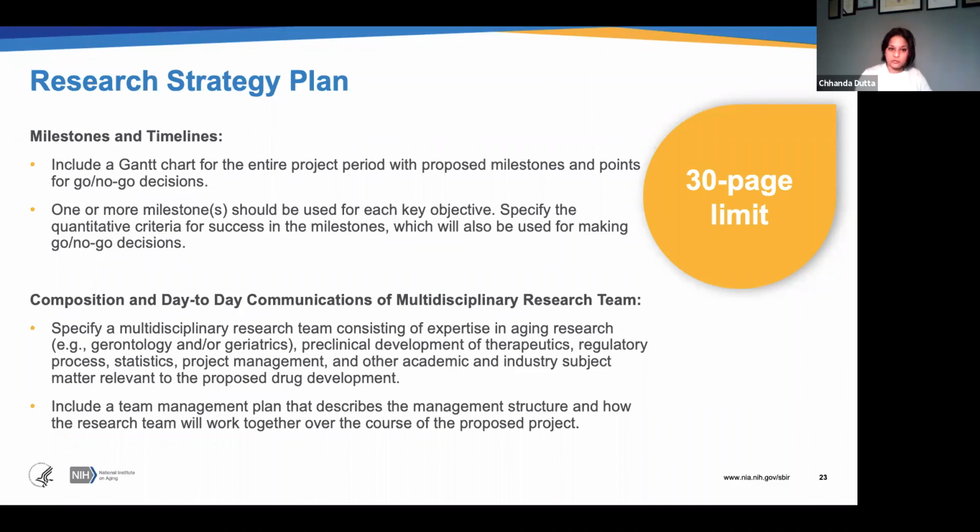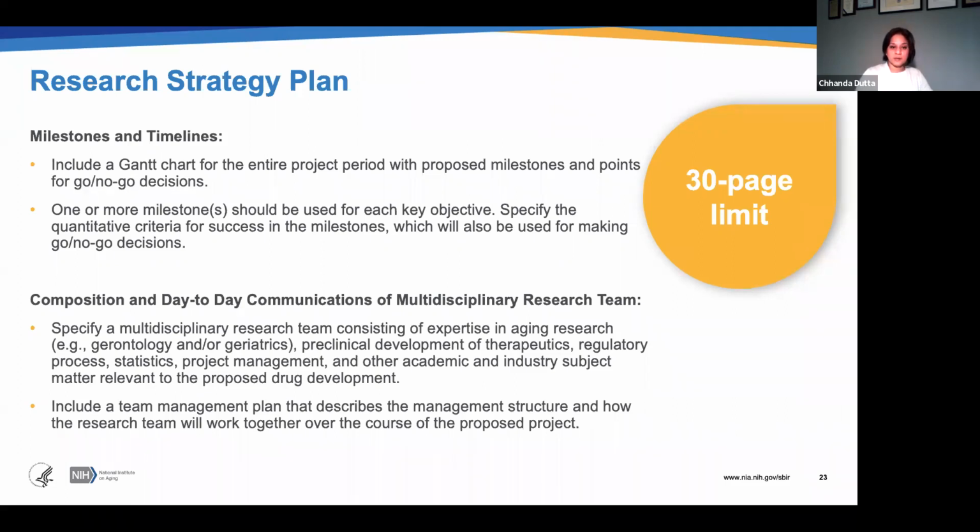Under the research strategy plan, we require you to include a Gantt chart for the entire project period with milestones, and these milestones should be specified for each key objective of your application. They'll be used for making the go/no-go decisions along the preclinical development pathway.